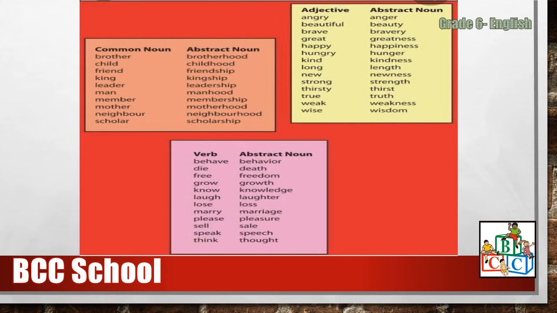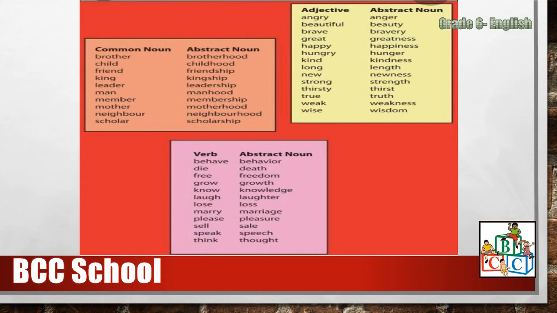From adjectives, such as angry, the abstract noun is anger; beautiful, beauty; brave, bravery; great, greatness; happy, happiness; and others, as you can see in the chart, such as hunger, kindness, length, newness, strength, thirst, truth, weakness, wisdom, are all abstract nouns formed from adjectives.